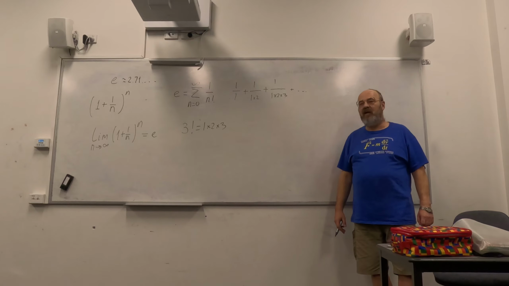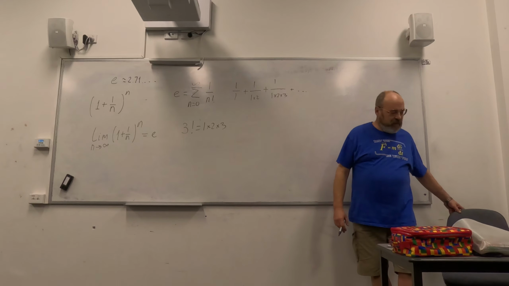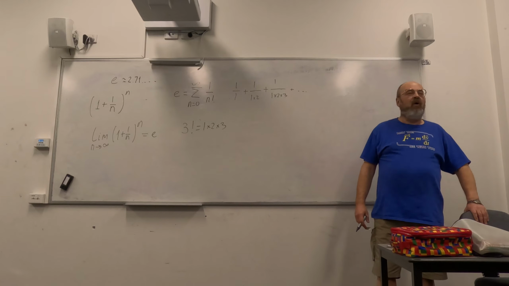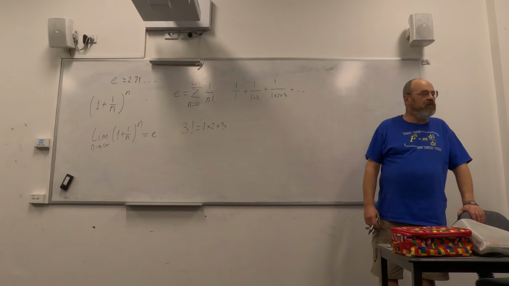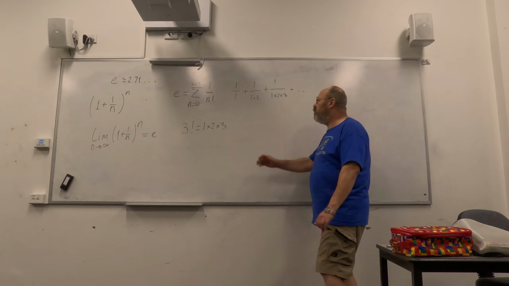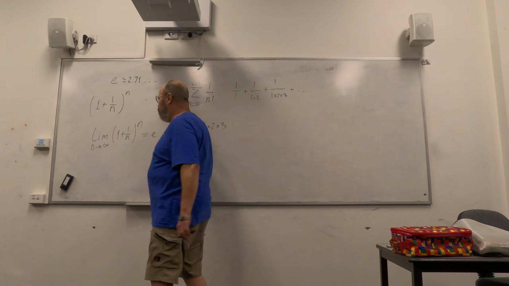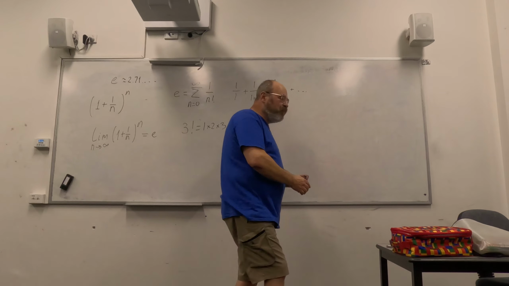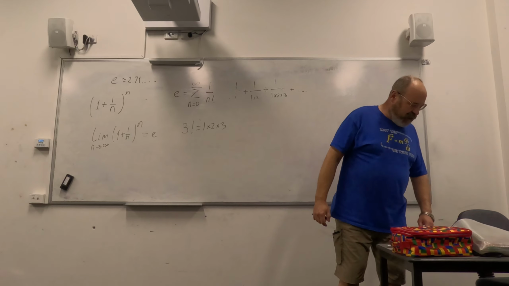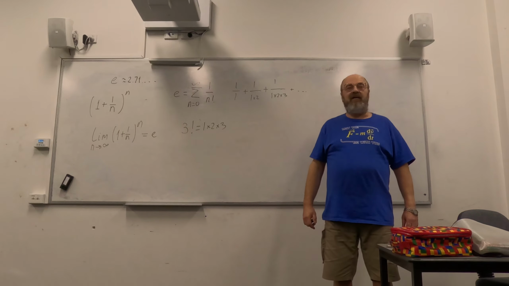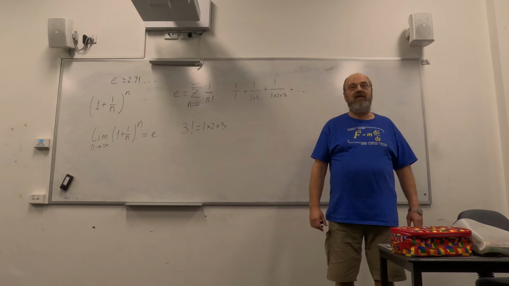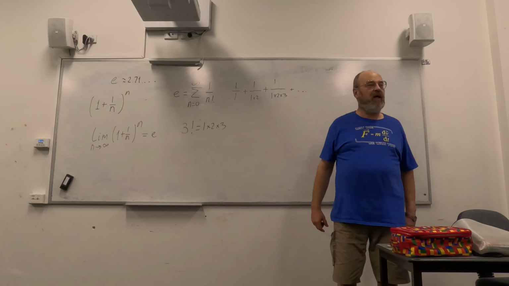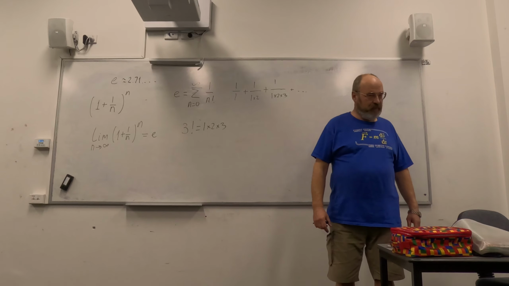Now, why is this number important? Because this kind of sequence, this kind of relation, comes up in many practical applications. You will be surprised, one of the areas of science where it comes up very often is biology.